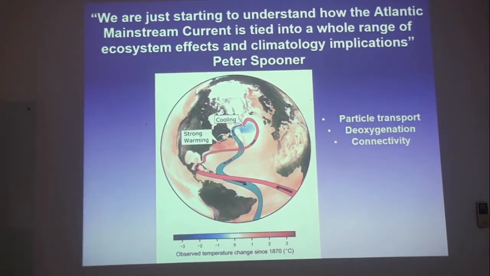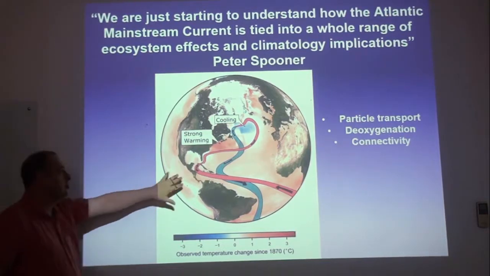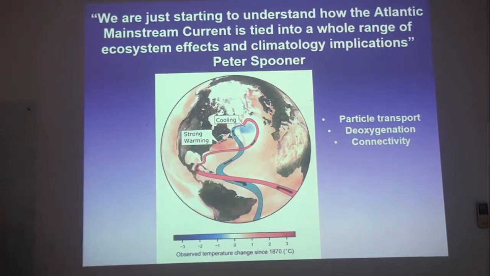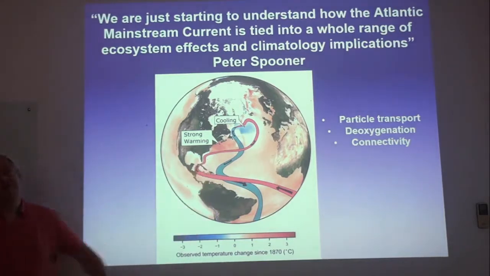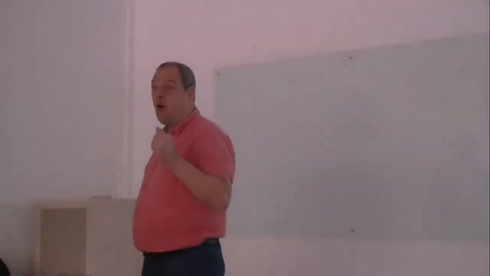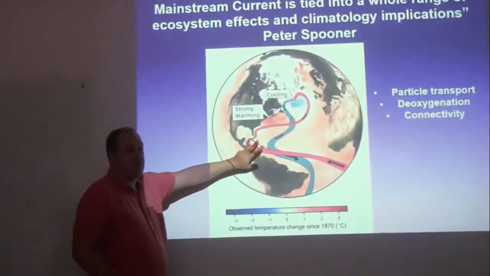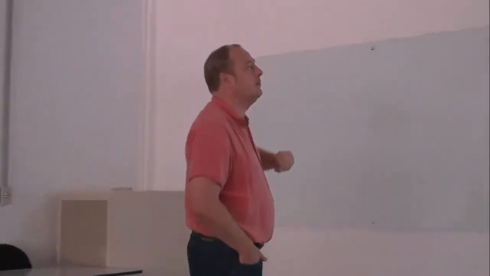They understood that during the last 20-25 years, we lost 15% of the energy transport power of the Gulf current. We've already lost this 15% because it is weakening with climate change. This is drastically weakening. And he says, we are just starting to understand how the Atlantic mainstream currents are tied to a wide range of ecosystem effects and climatology implications.